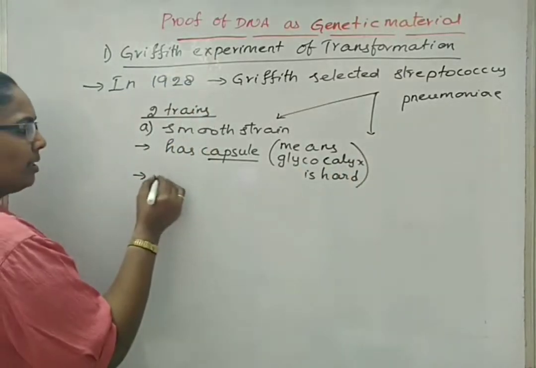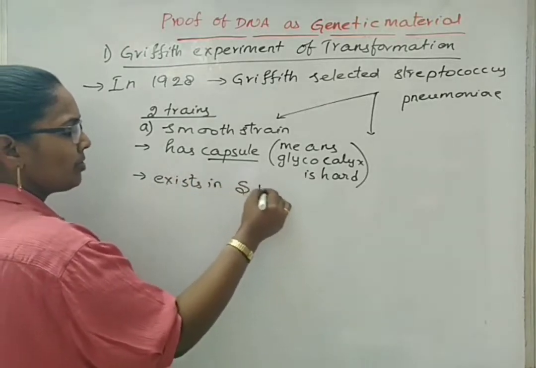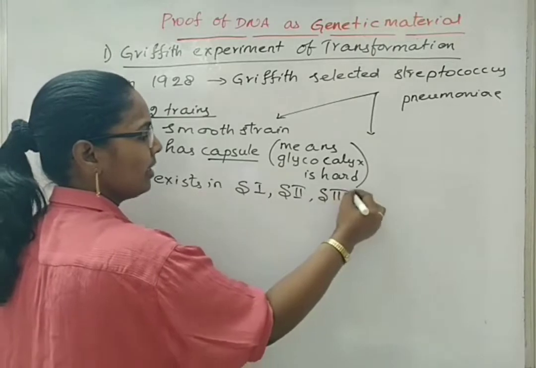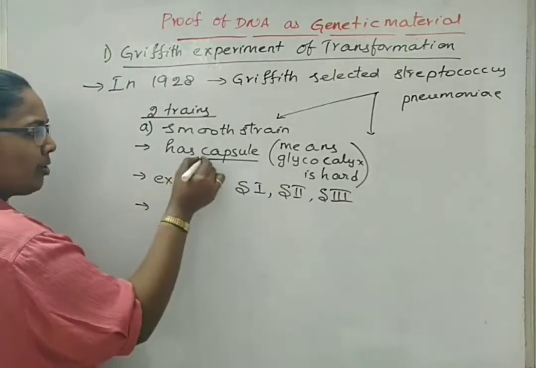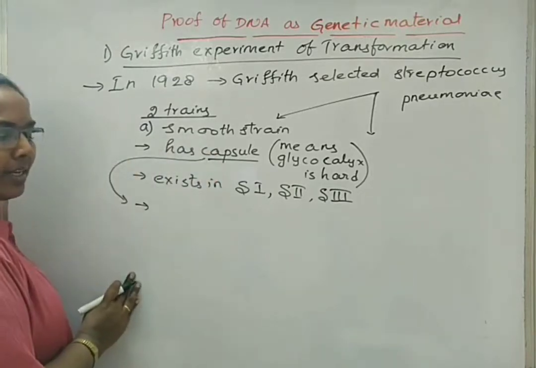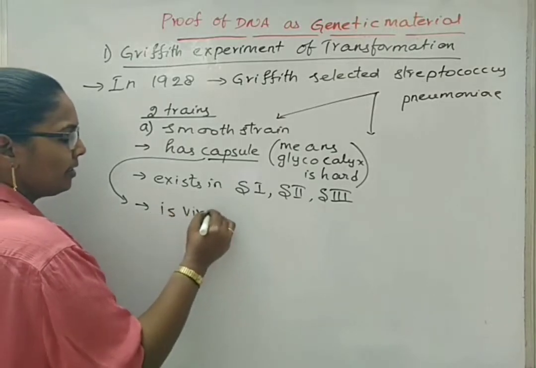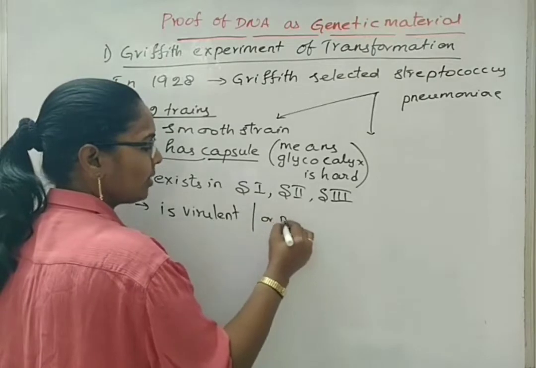It exists in smooth strain 1, smooth strain 2 and smooth strain 3 forms. Because of the presence of the capsule, Streptococcus pneumoniae smooth strain is considered virulent or pathogenic. Virulent means it causes infections.